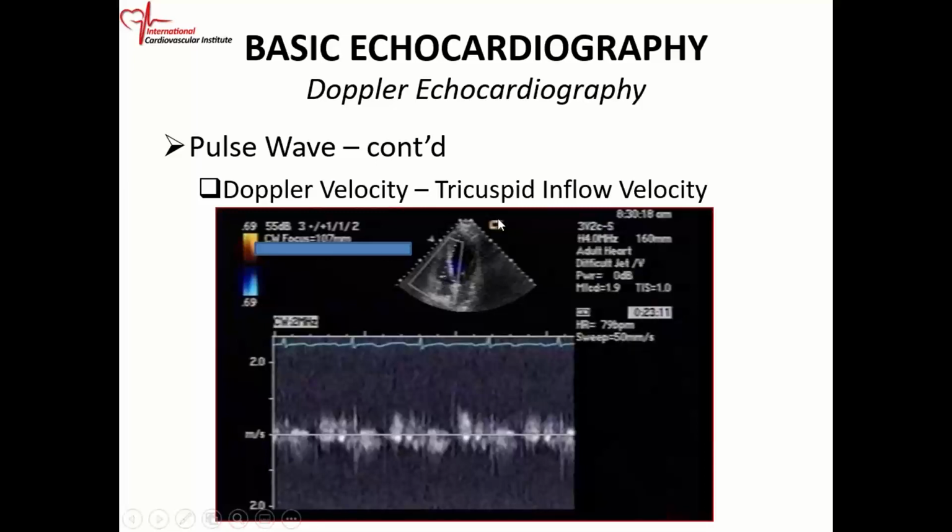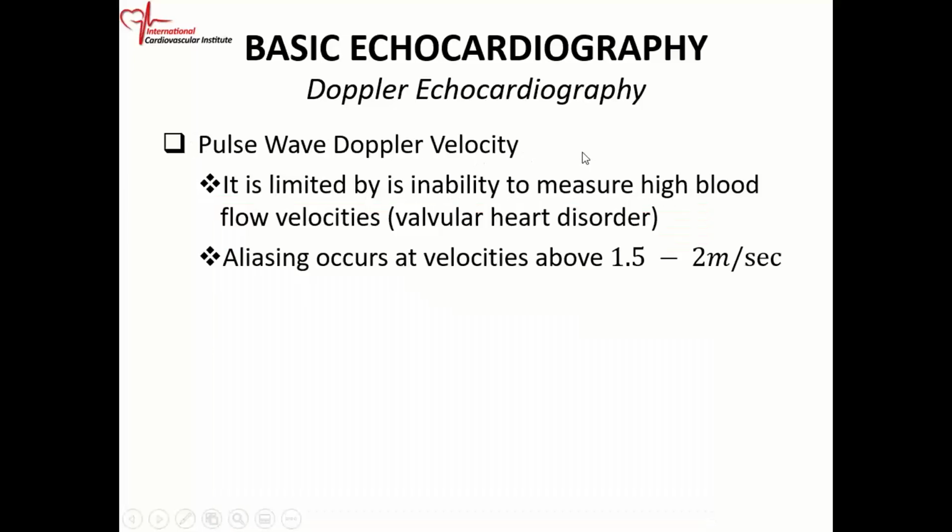So the flow is moving towards the transducer, it's moving upwards. So you're going to get the Doppler spectral display above the baseline. This is the baseline. So it's going to be above the baseline, but it's going to be diastolic. Okay? So tricuspid inflow is also pulse wave Doppler.